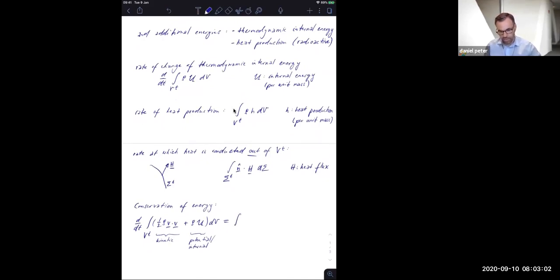We have the volume integrals, and then we have the mechanical energy from the body forces, F. Then we have another volume integral for the heat production, so let's put this inside as well, rho h dV.